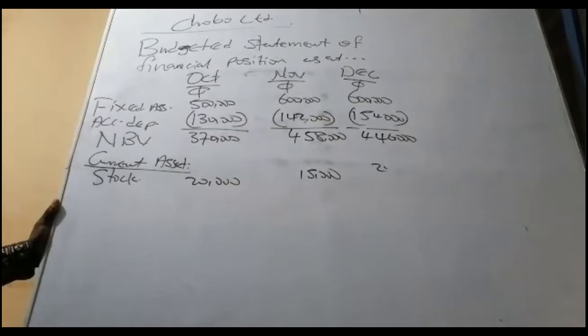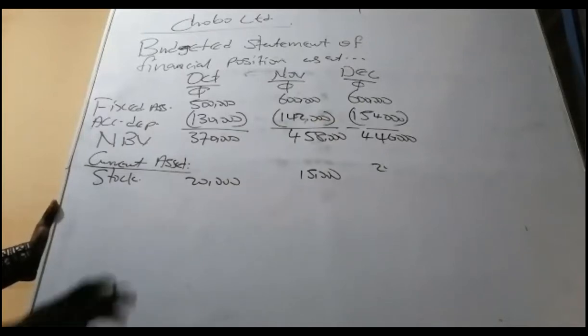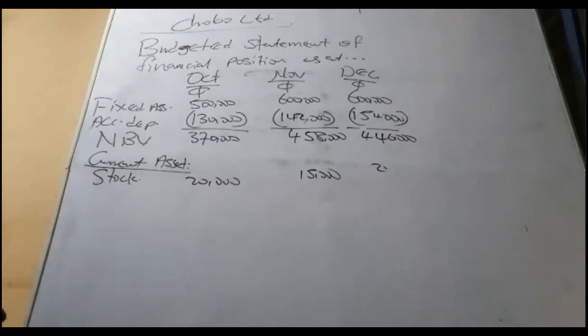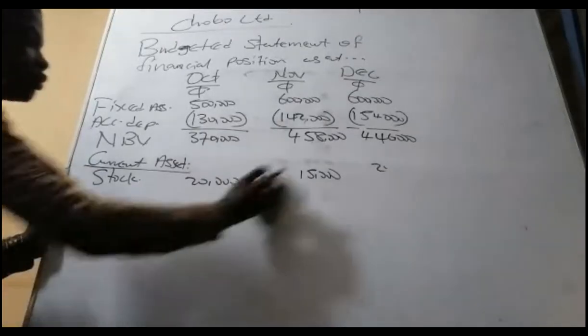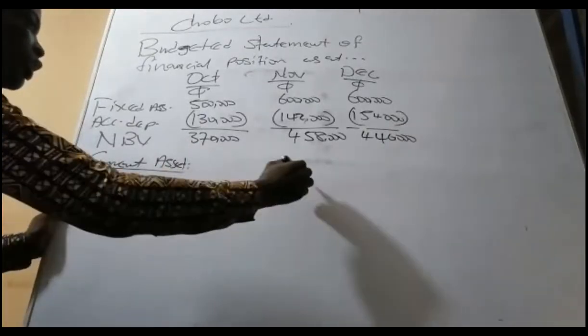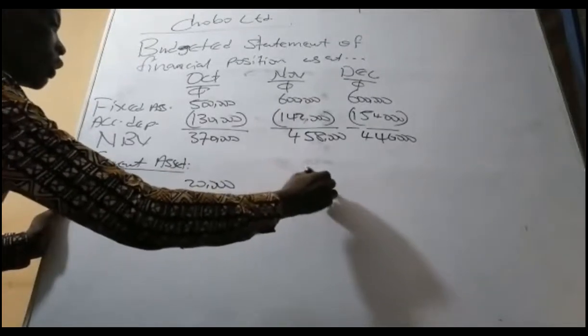Okay, so this figure must be 154. So basically that is it. This one is 25,000. Let's see. So here was 25,000, for the stock is going up. So 20,000, 15,000, and 25,000. Great.